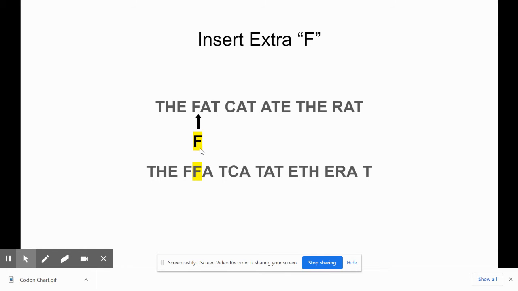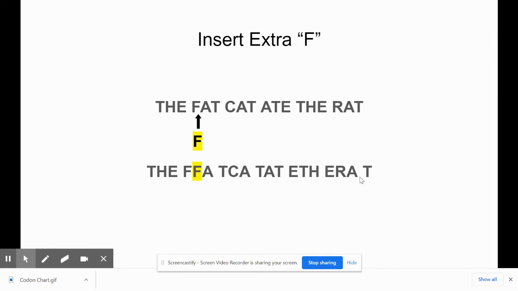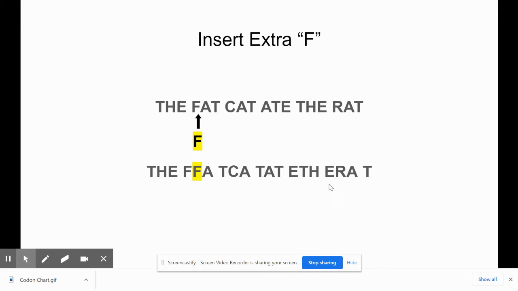But if an extra F is stuck in here between the F and the A in the word fat, and the letters are still read in groups of three, then the sentence becomes the FFA, TCA, TAT. It's nonsense. These words have no meaning. It's completely different than the original sentence.